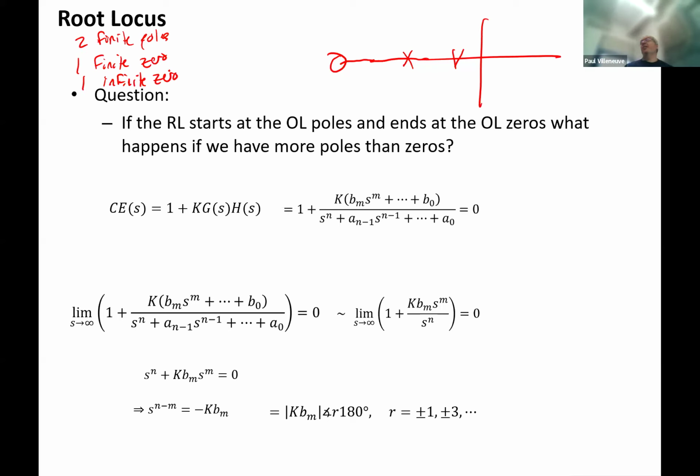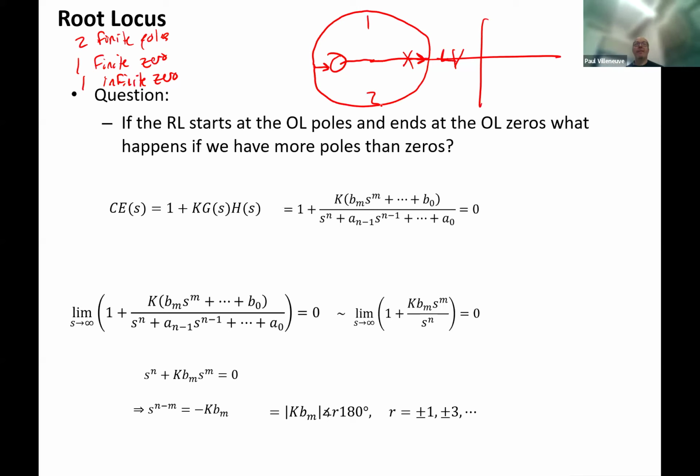So based on that, where do you think that root locus is going to go? It still has to start at a pole. And so we know we're going to go like this, right? The problem is that I only have one zero to terminate at, right? How many root loci do I have? One, two, right?